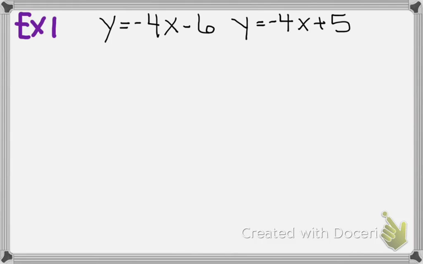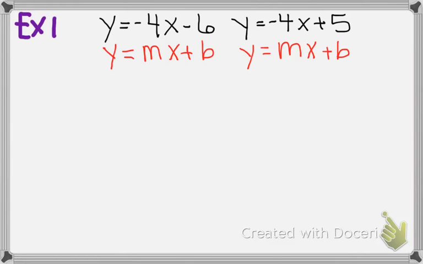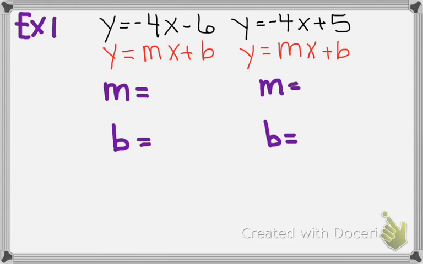Our equations are in the form y equals mx plus b. This is slope-intercept form. Slope is our m. B is our y-intercept. So let's look at our first equation. Y equals negative 4x minus 6.